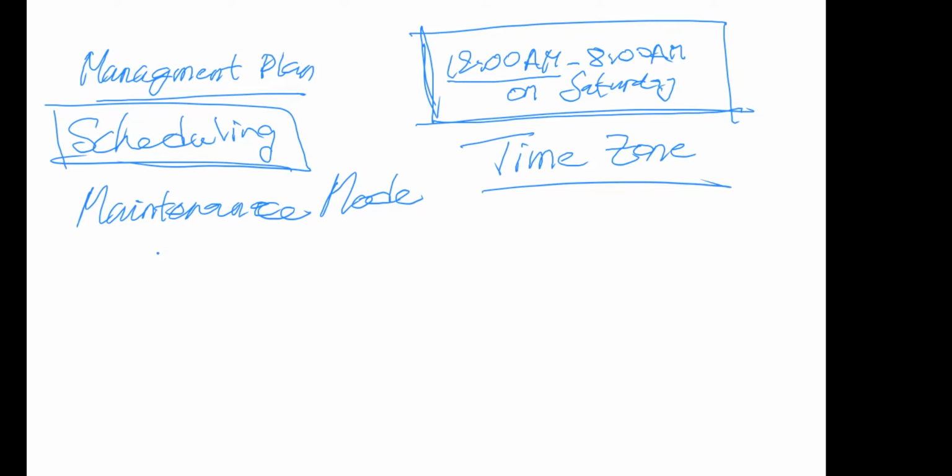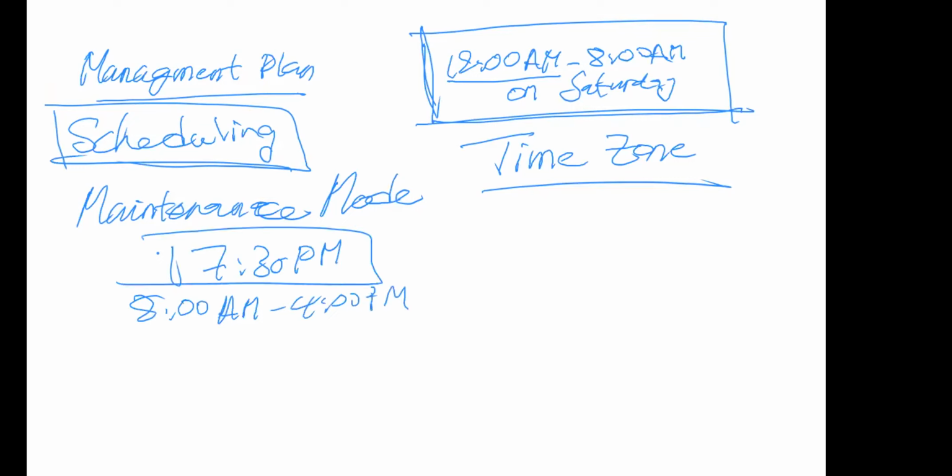Suppose that now I am here in Saudi Arabia, it is 7:30 p.m. Usually our working hours are from 8 a.m. till 4 p.m. When we say, okay, I will make the downtime at 7:30, it's okay. It will not be so active. But at the same time, for you, it will be very critical, right? Why?